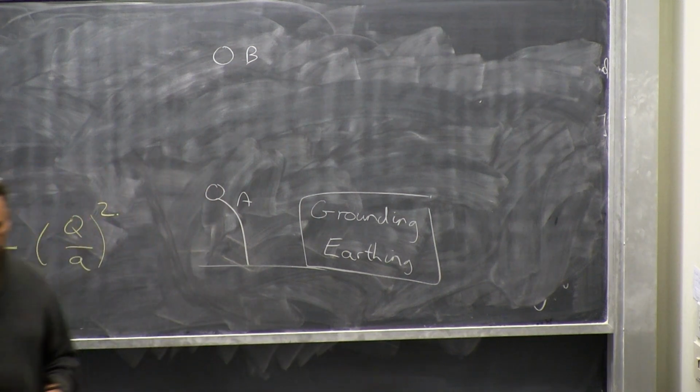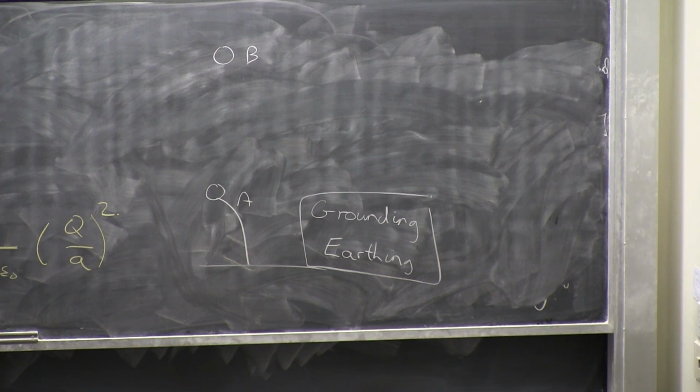And it becomes important when we start looking at electrical circuits. In electrical circuits, we have voltages and we have currents flowing around. To simplify, we need to set some voltages to 0, and we do that by grounding. And we say that the earth has a 0 potential, so everything is measured relative to that, so I don't have to measure delta V's.